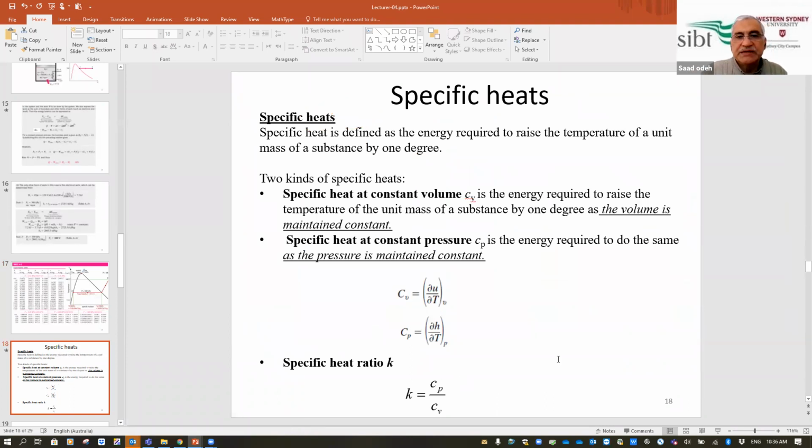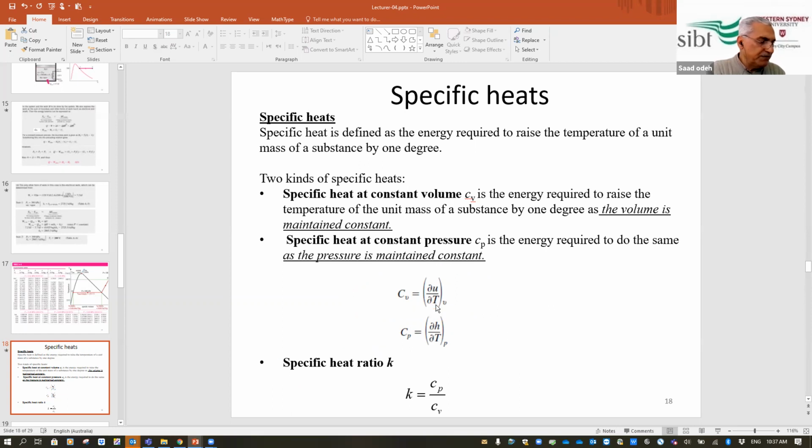These are the two properties: the specific heat at constant volume, Cv, and the specific heat at constant pressure, Cp.